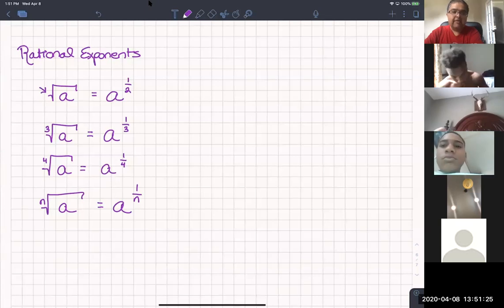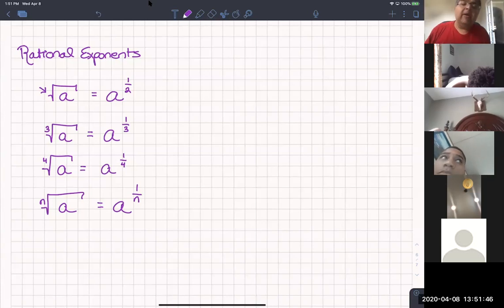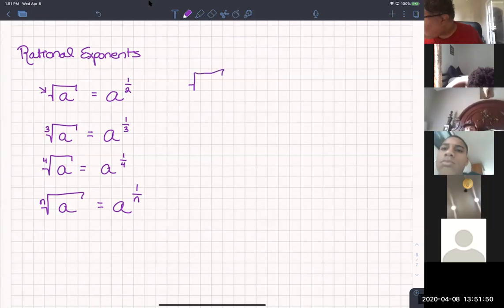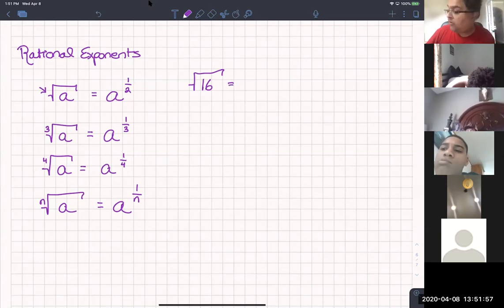Does everyone understand? It is important that you understand the relationship between radicals and rational exponents. The square root sign is the same thing as raising something to the 1/2 power. The cube root sign is the same as raising something to the 1/3 power, and so on. Now, what does it mean for a cube root? Remember, a square root says what number multiplied by itself gives me 16. 4.